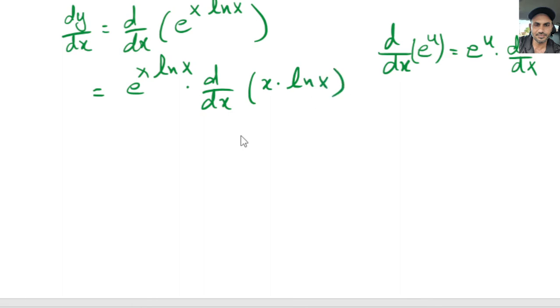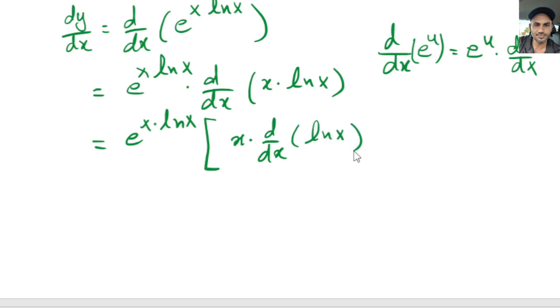Here we have e to the x times ln of x, and we can apply the product rule. We have two functions multiplying, so it's x times d over dx of ln of x, plus ln of x times d over dx of x.